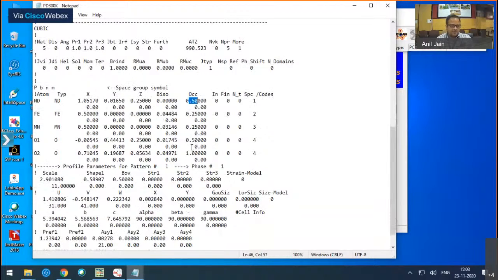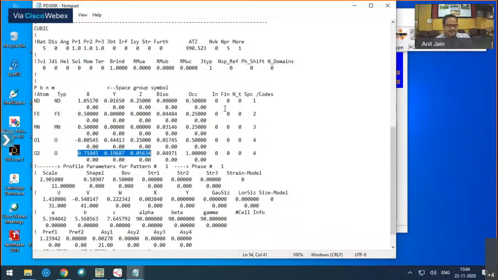For one site the multiplicity is 4, and the other site of oxygen is the general site. So the multiplicity of O2 is 8, and general site multiplicity is also 8, so the occupancy becomes 1. So this is how we have the occupancy.